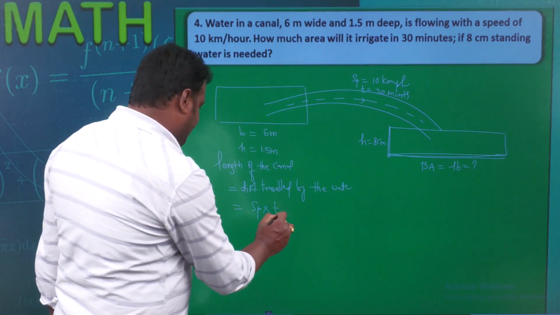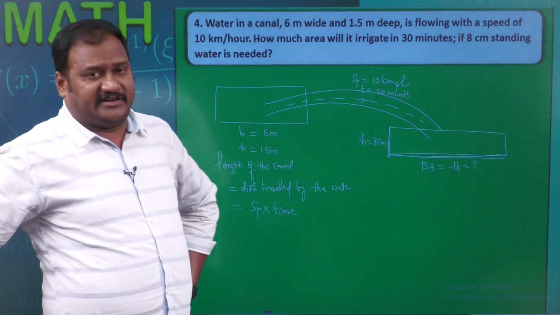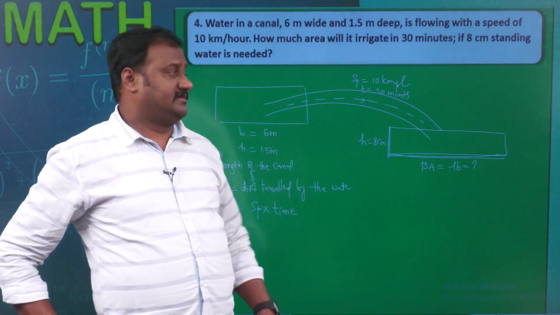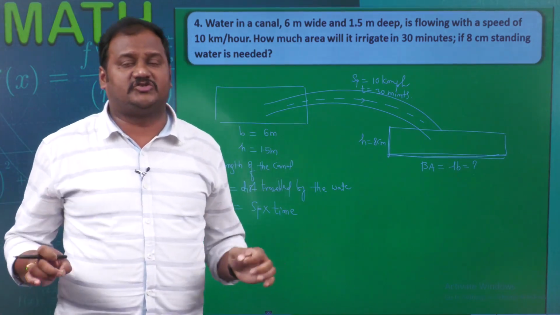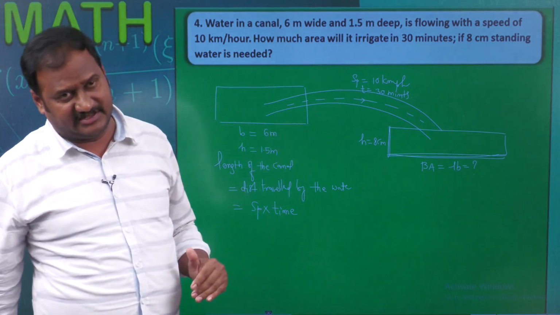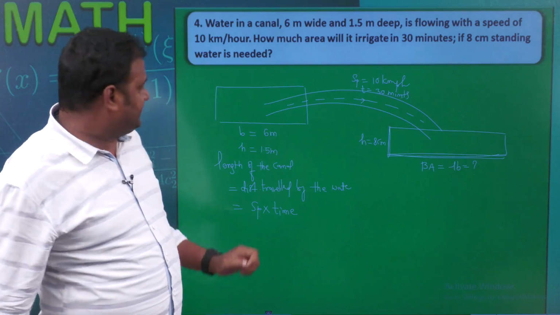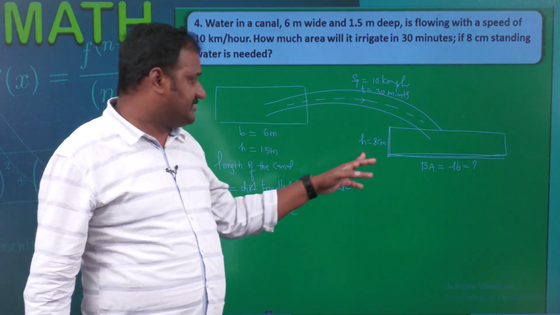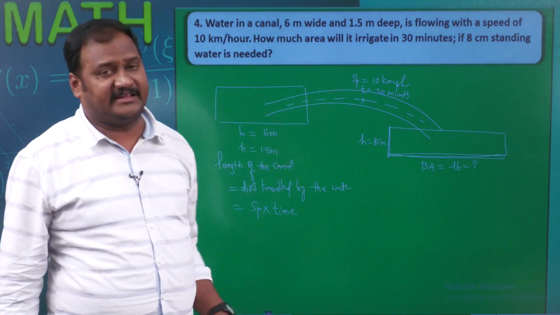But remember here, whatever problem you are going to solve, please be focused on the units. Everything should be in the same units. For example, we are talking about the distance. Here, breadth equal to 6 meters, height equal to 1.5 meters. Here height is equal to 8 centimeters, and here 10 kilometers per hour.